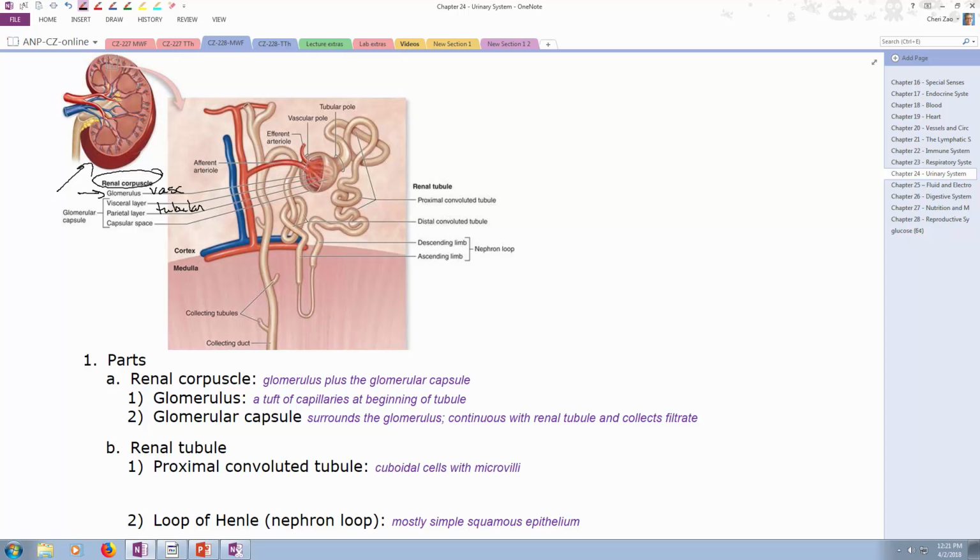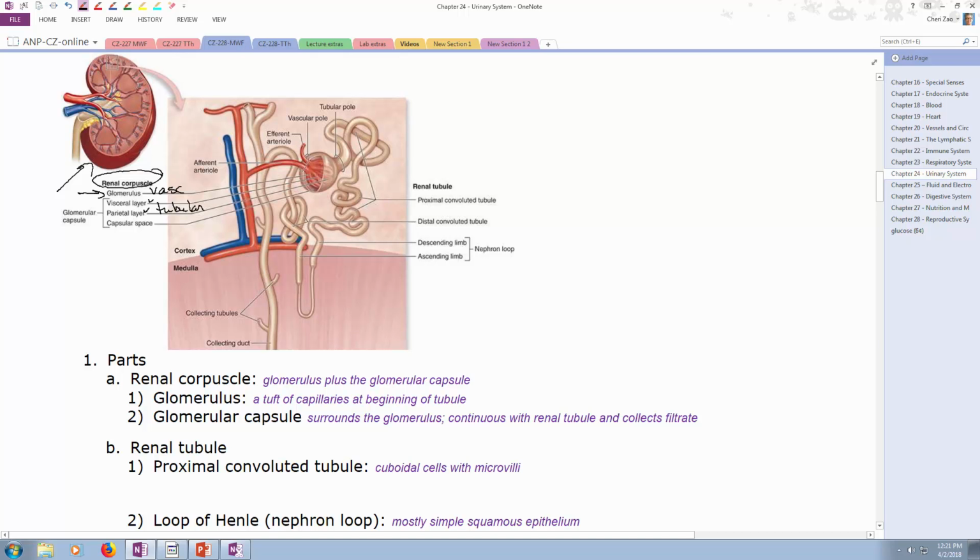And it has it broken down here into a visceral layer and a parietal layer. So I want you to realize parietal, remember, means lines a cavity, and visceral means it's on the structure inside the cavity. Well, the structure inside the cavity is the glomerulus. It's this weird capillary network. And so we have a visceral layer on this weird capillary network, and that's what that's referring to.